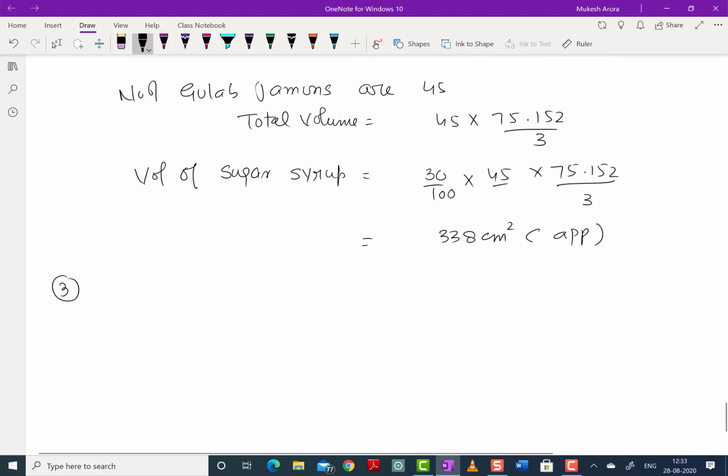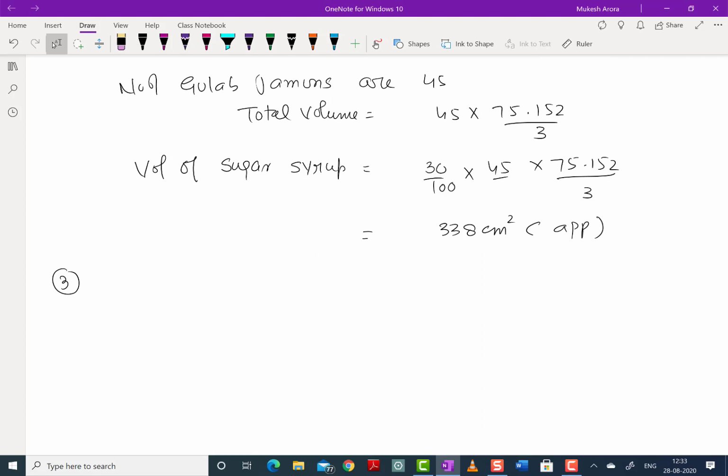Third question: an engineering student was asked to make a model shaped like a cylinder with two cones attached at the other end, one at each end.